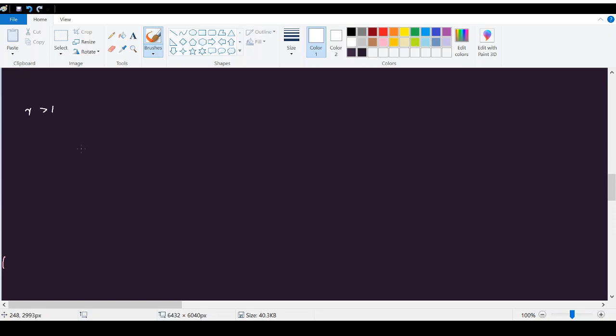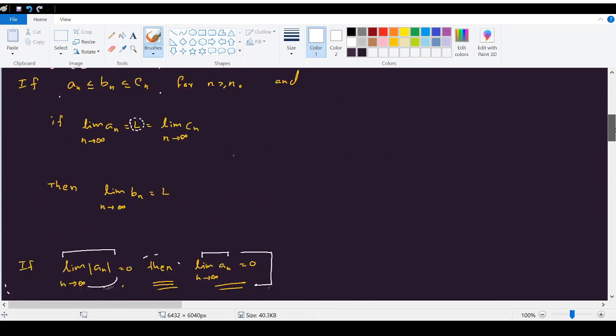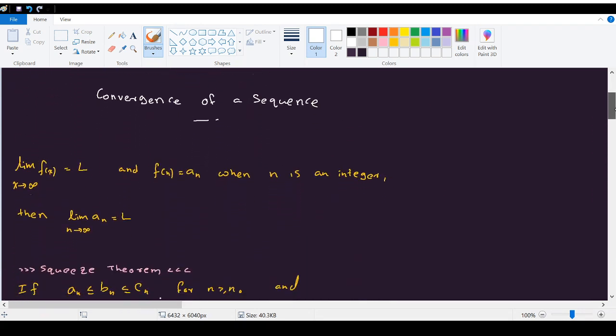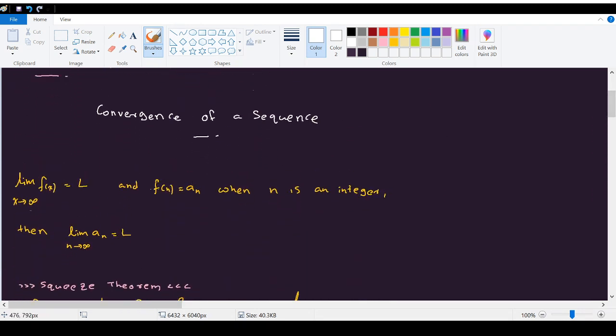So when r is greater than 1, we are dealing with this sequence. Remember, the first theorem we did was that we can consider the corresponding function with x going to infinity, and this limit will be the same as the sequence limit, right?